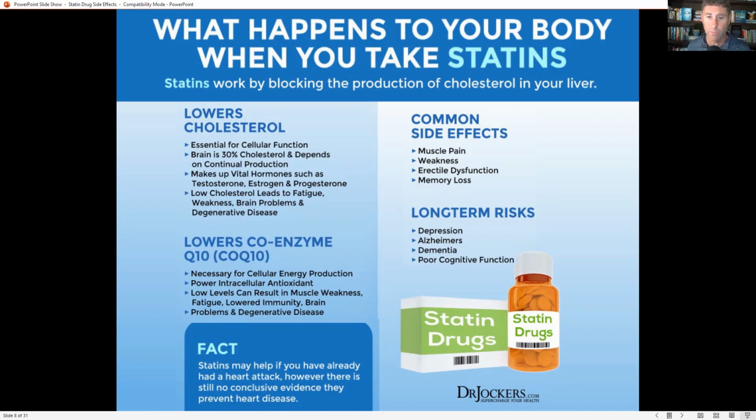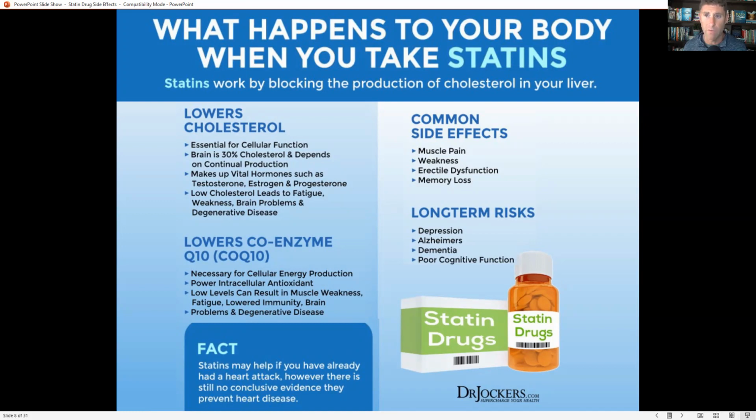We know that low levels of CoQ10 result in muscle weakness because CoQ10 is critical for mitochondrial energy production, right? So the mitochondria become poisoned. They can't produce energy the way that they need to, which lowers immunity, causes brain problems, and neurological degeneration. Things like depression, Alzheimer's, and dementia can all occur long-term.